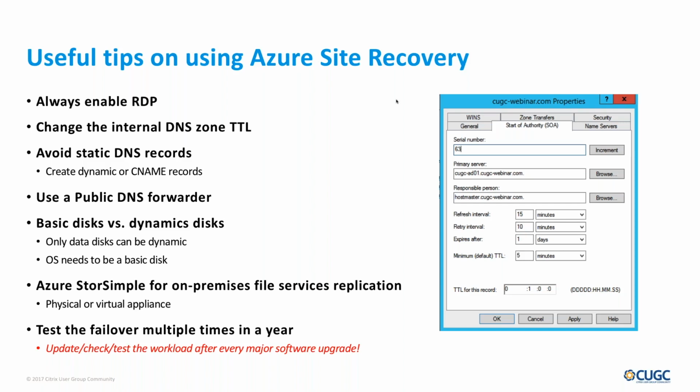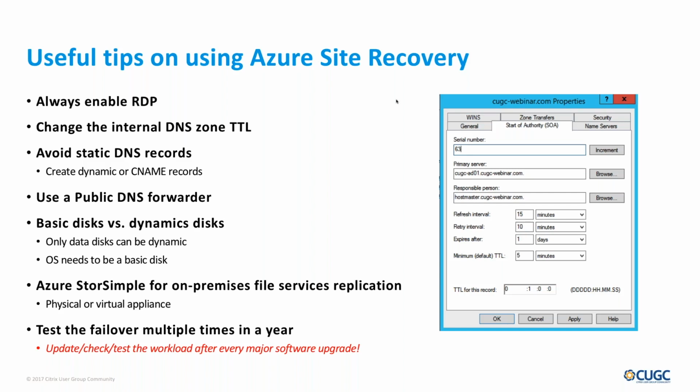Also, one tip is to use public DNS forwarders. When you fail over to Microsoft Azure and you fail over your Active Directory server, and you have a DNS forwarder that is only accessible through your on-premise environment, only accessible through your ISP network, then when you fail over to Microsoft Azure, your external DNS isn't working.